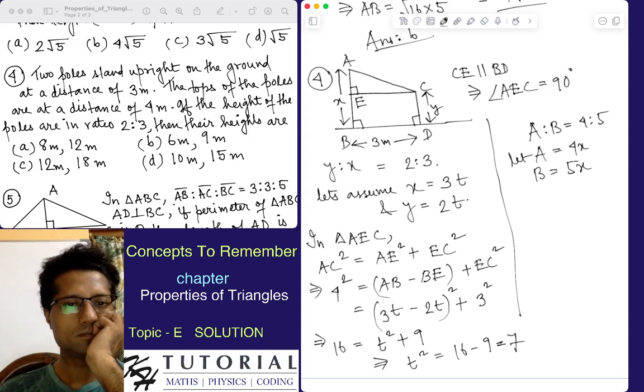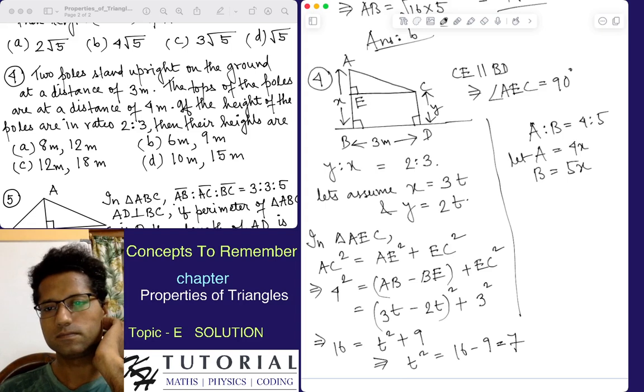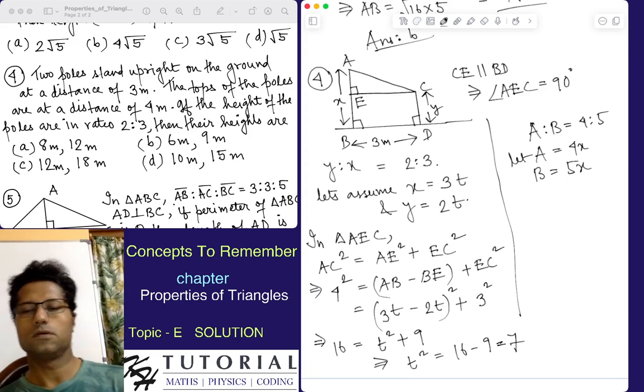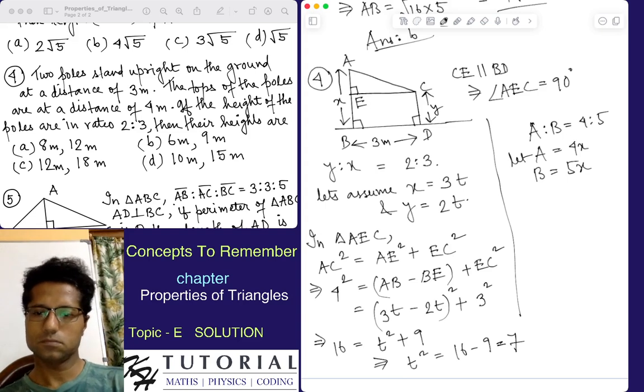16, 4. If the height of the poles are in the ratio 2:3, so 10 and 15.